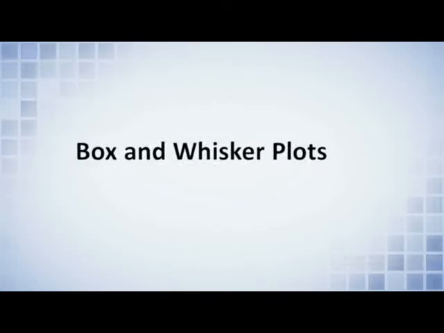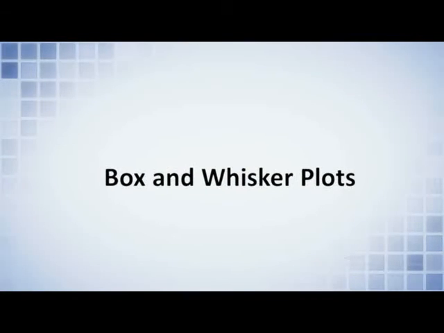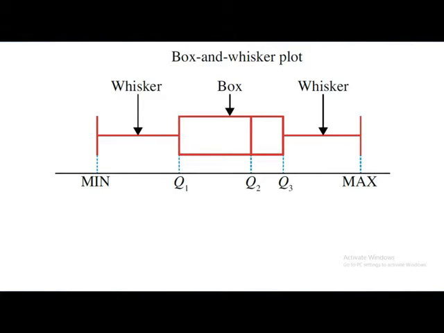I hope you still remember what a box and whisker plot looks like. This is what a box and whisker plot looks like. The whiskers are the minimum value and the maximum value, and the box represents Q1, Q2 or the median, and Q3.